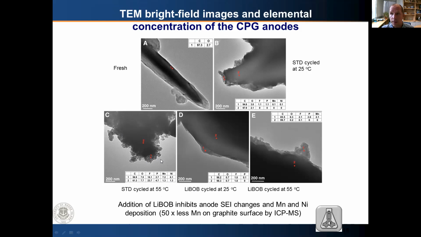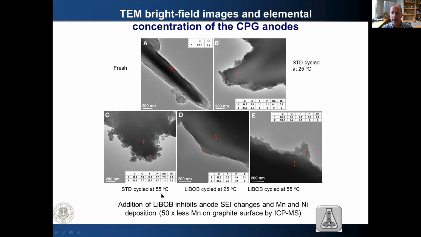and uneven anode surface film, suggesting that at these high temperatures, the anode surface film is significantly damaged without LiBOB. However, in the presence of LiBOB, we see a nice, crisp, clean SEI formed on the surface of the film after cycling at 25 degrees centigrade, and we don't see a significantly large change upon cycling at 55 degrees centigrade, and the manganese concentration, once again, is very much lower than for the standard electrolyte formulation.